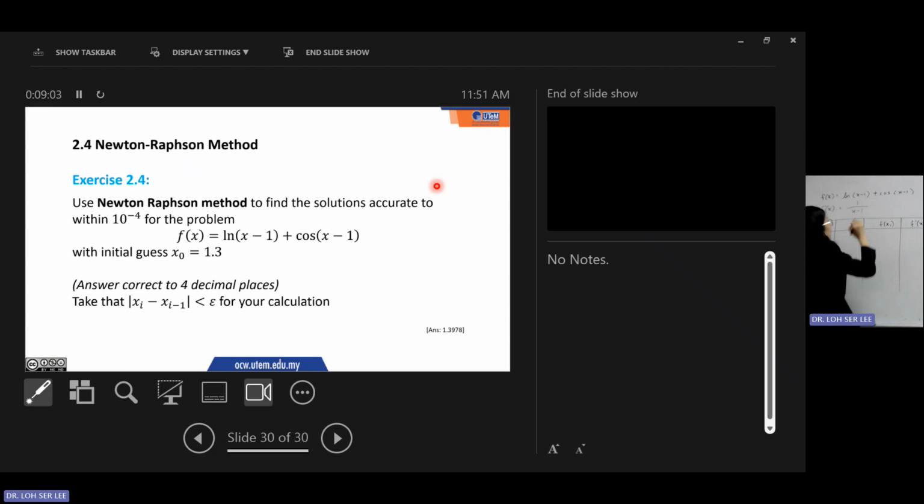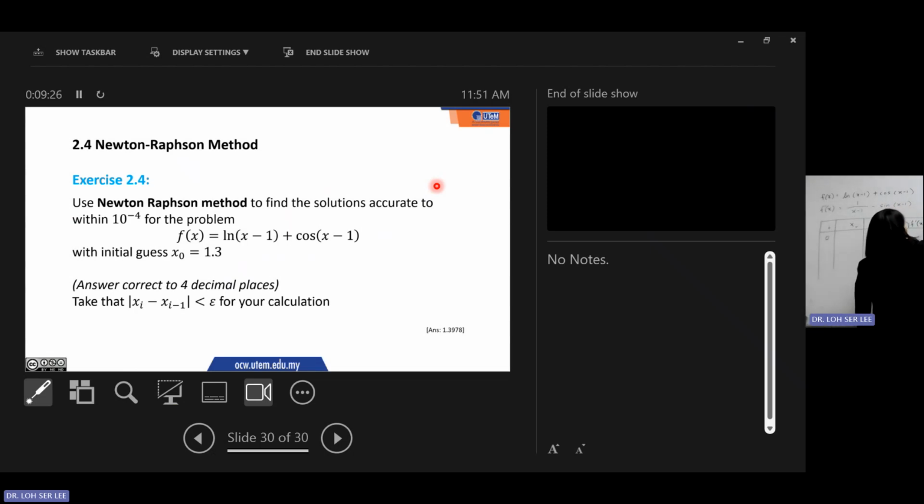Then differentiate cos. We get sine. Plus sign or minus sign? Minus. And then we have to differentiate this one times outside. Differentiating this one is still 1. It's a 1 times sine x minus 1. So I give you one example.